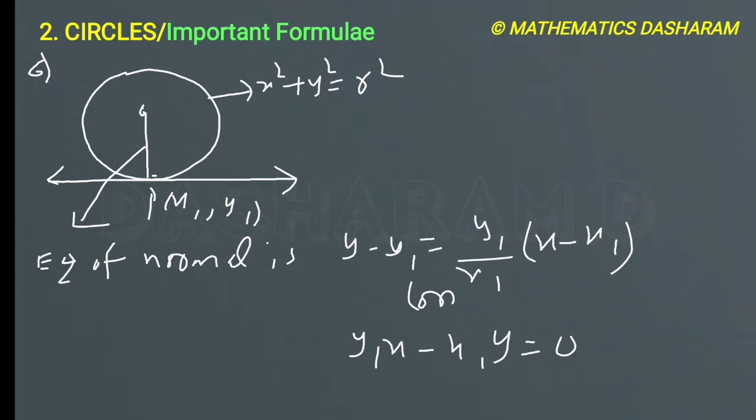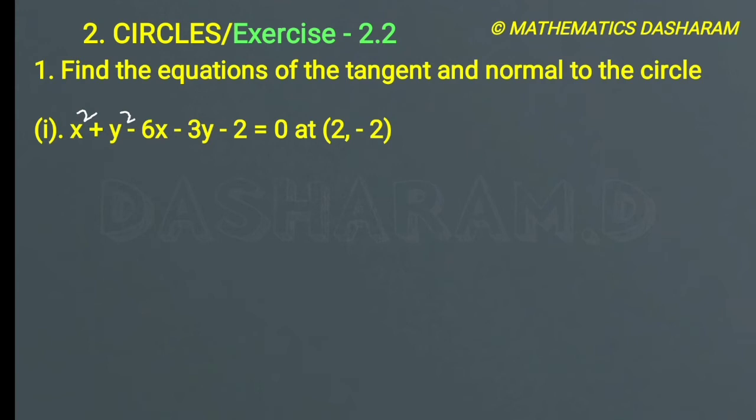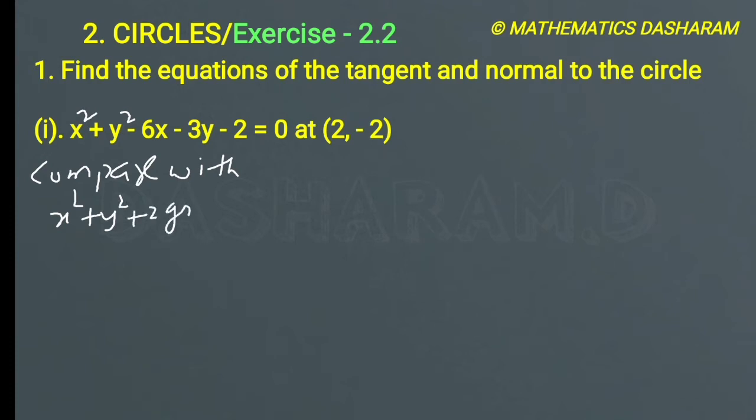Let's start exercise 2.2. First bit: find the equation of the tangent and normal to the circle x square plus y square minus 6x minus 3y minus 2 equals 0 at (2, minus 2). First compare the given equation with the general form x square plus y square plus 2gx plus 2fy plus c equals 0.